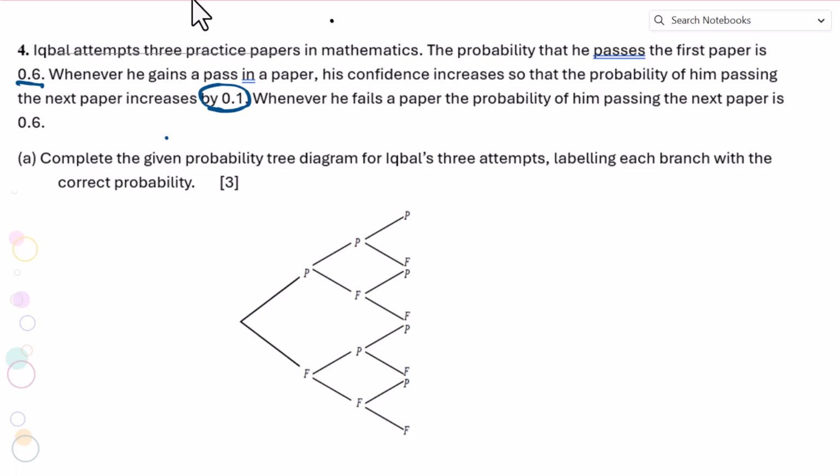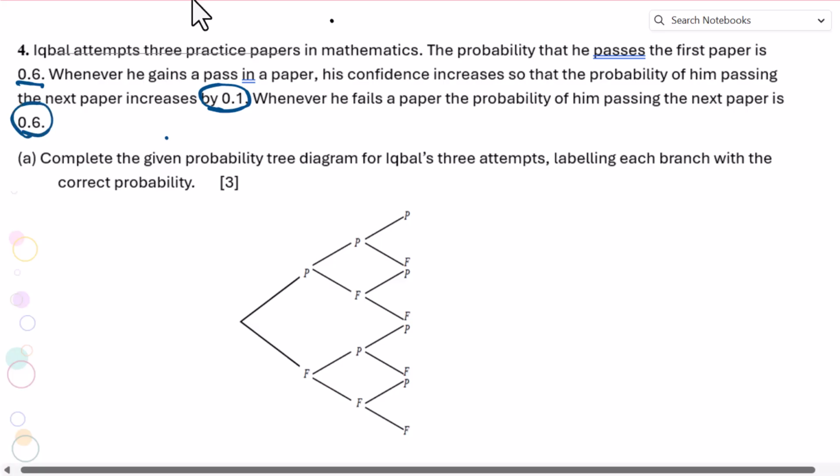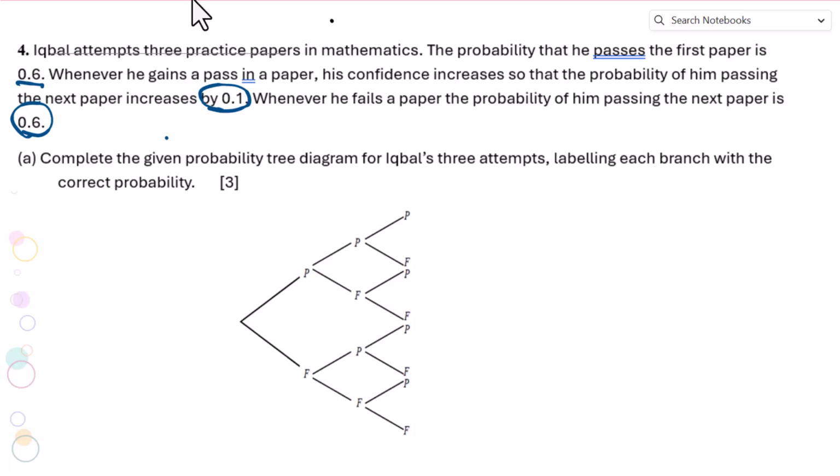Whenever he fails a paper, the probability of him passing the next paper is 0.6. Complete the given probability tree diagram for Iqbal's 3 attempts, labeling each branch with the correct probability.